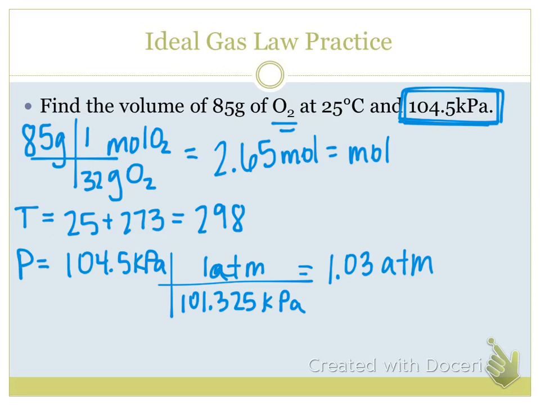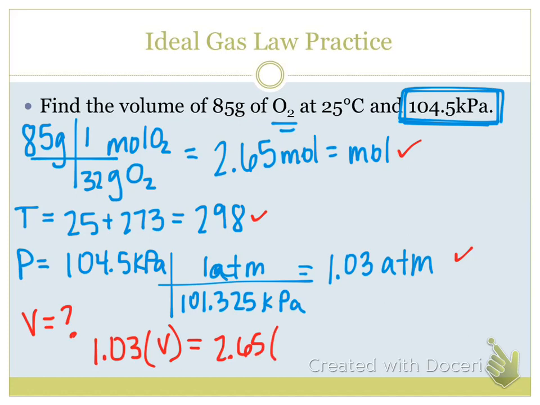Okay, so now I've got N, P, T. I'm solving for volume, and I always know R. Okay, so I'll go 1.03 P times V equals N times R times T.